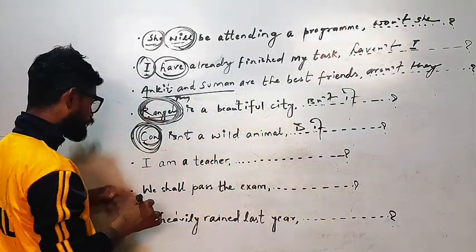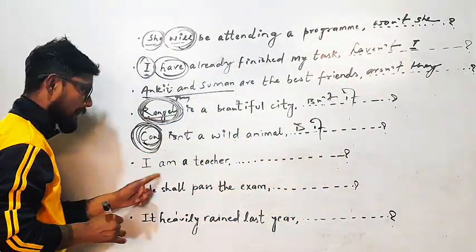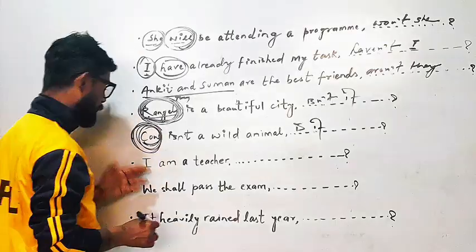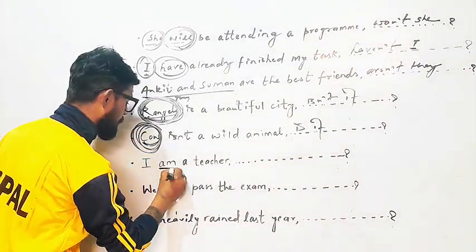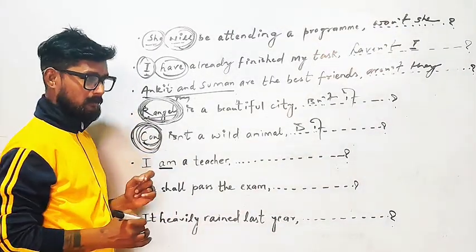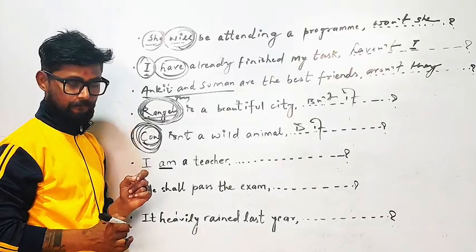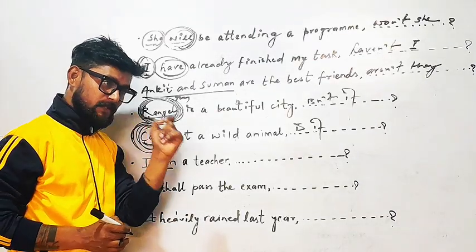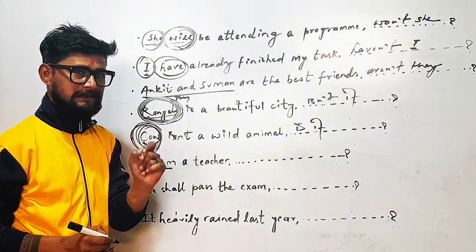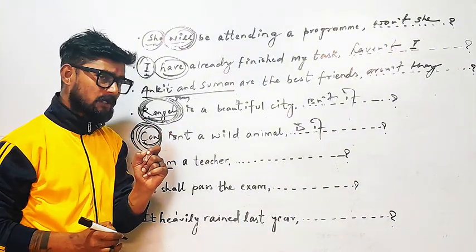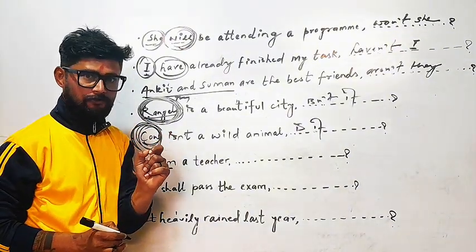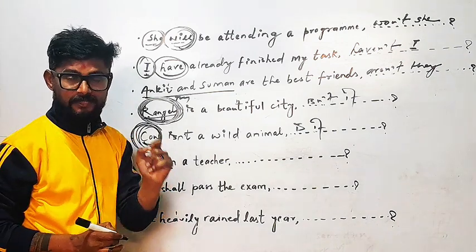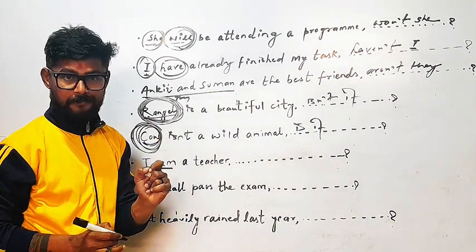Is it? I am a teacher. Yes, I am a teacher. So here, which is the auxiliary verb? Am. But let us remember, when we get am plus not, what is the contracted form of am plus not? Aren't. Try to remember that, please.